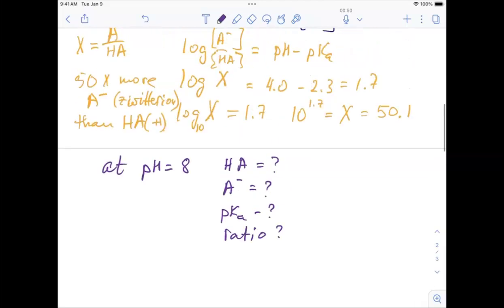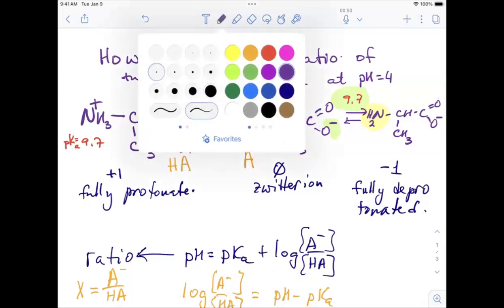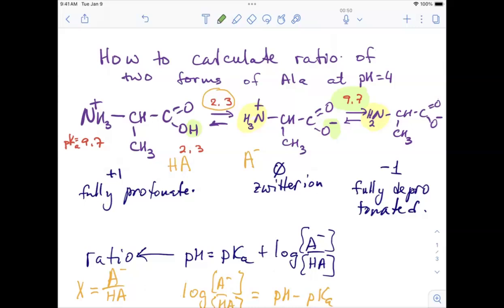All right, if we go back, pH 8 is closest to pKa 9.7. For that equilibrium, the Zwitter ion is going to act as the protonated form because of the proton here on the amino group, and the -1 form will be A minus.